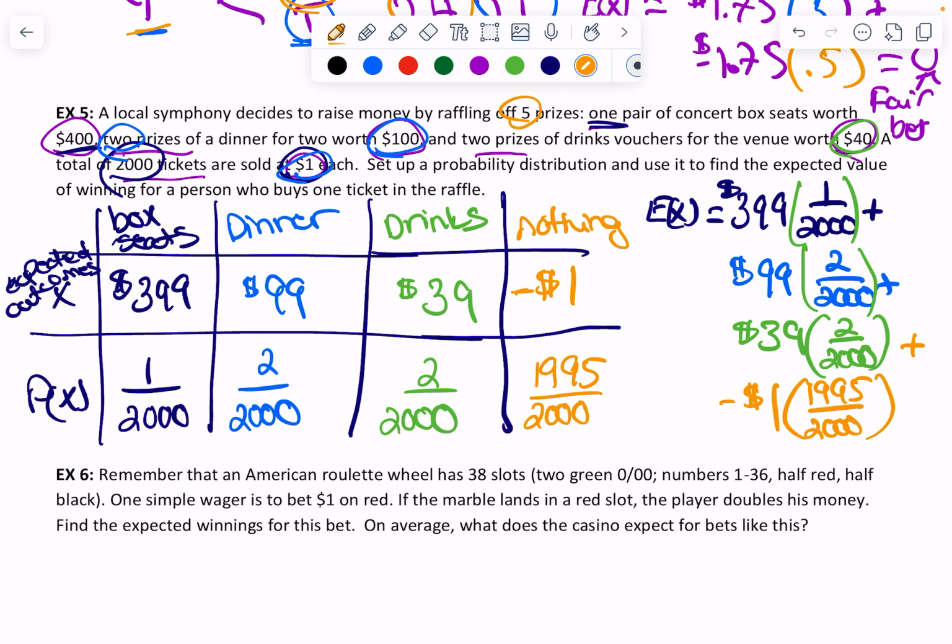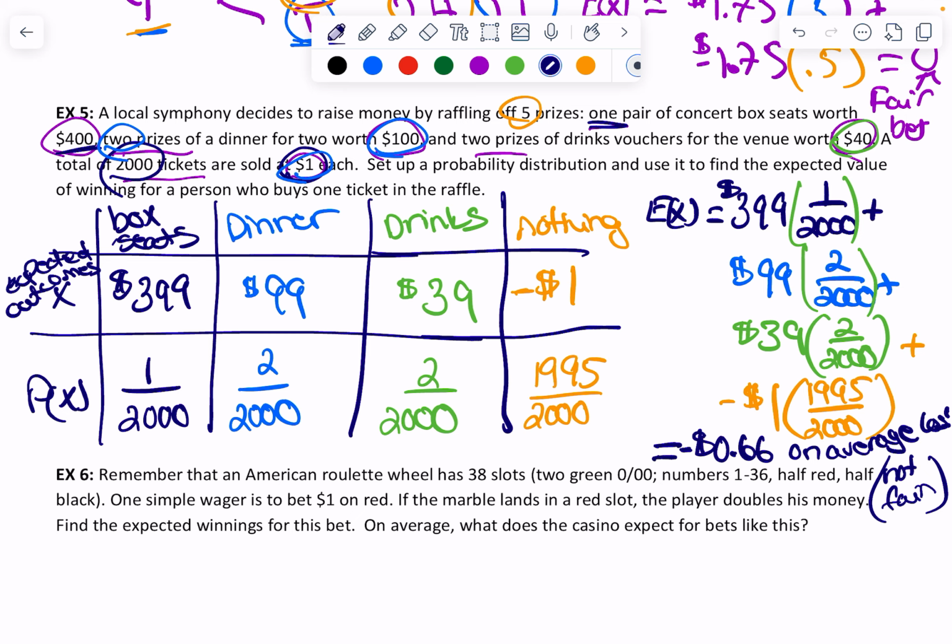Now, when we do this calculation, we get 0.66, and that it's a negative. So this is on average a loss, and this is not fair, because for every ticket that you buy, you're going to lose 66 cents at least.